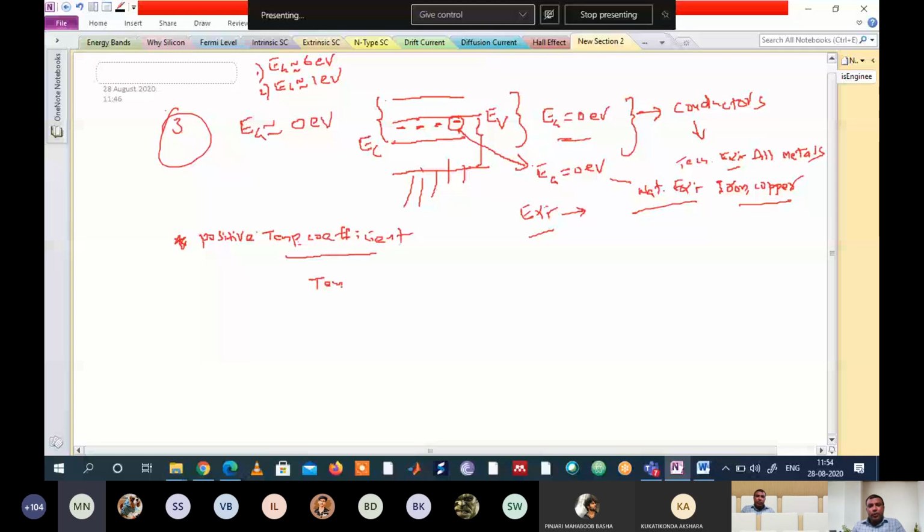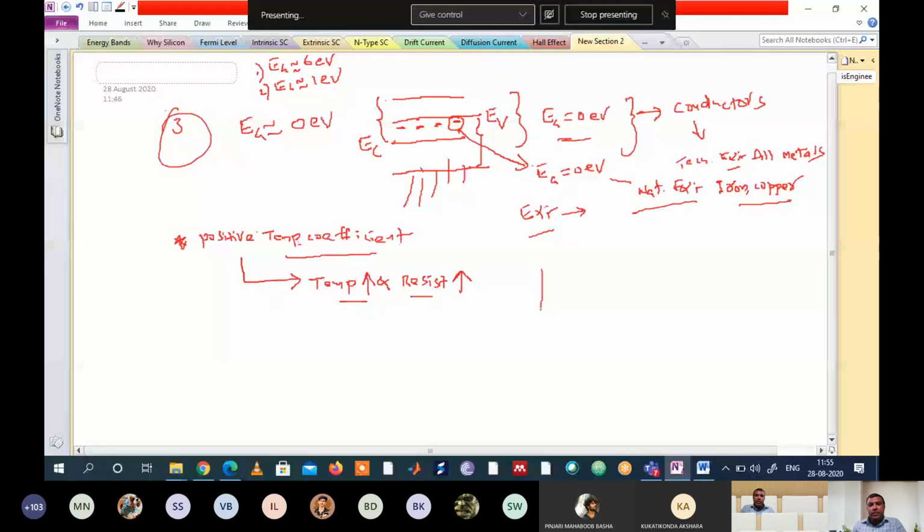Positive temperature coefficient means, as temperature increases, resistance also increases. Temperature is increasing, resistance is increasing.